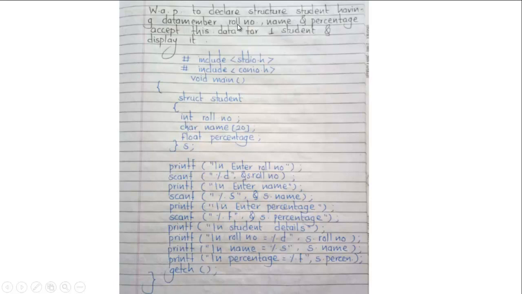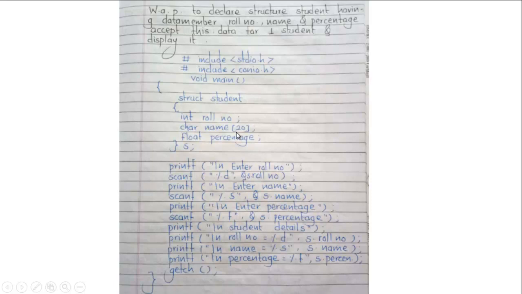You have to declare all the structure members or data members given in the problem statement, that is roll number, name and percentage. Roll number you have to write without blank space. The roll number is an integer, so int roll number. Then name is a character type, the name of the student, so the char data type is used, char name, and you must declare the size of that variable.